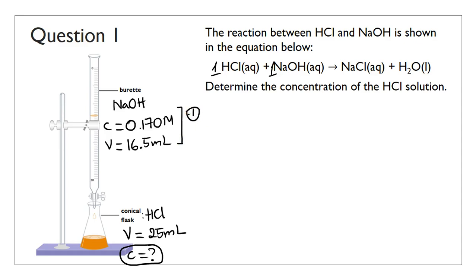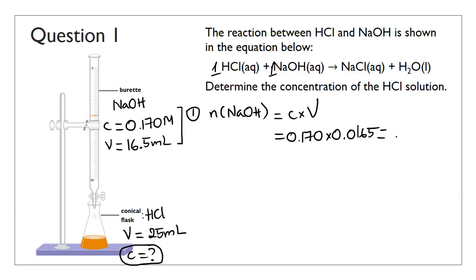Because you have a complete reaction, you don't need to worry about limiting and excess in this case. So I'm just going to find n of NaOH, which is concentration times volume. You need to convert the volume to liters, so you're going to have 0.17 times 0.0165. Okay, I'm just using a calculator here.